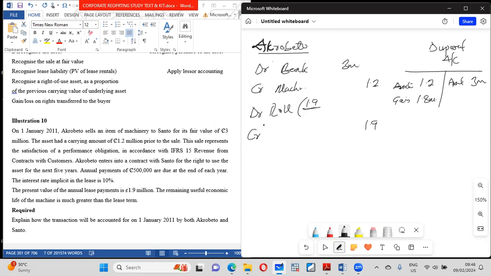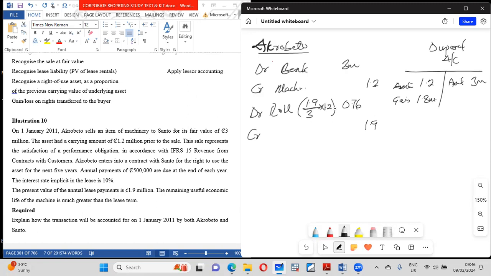So it's 1.9 out of the fair value we collected, 3 million, multiplied by 1.2. That is giving me 0.76. So what I will recognize here is 0.76. Be careful about this part. Be very, very careful.